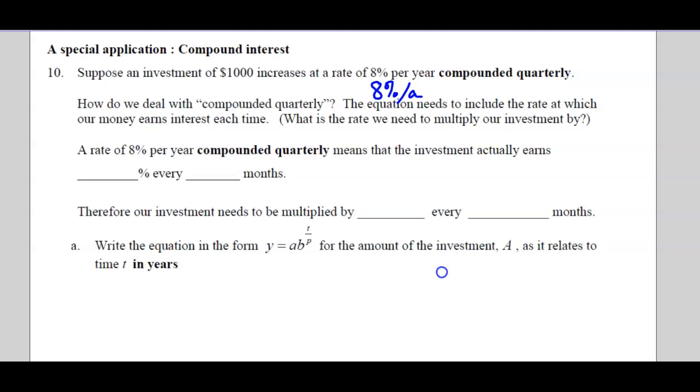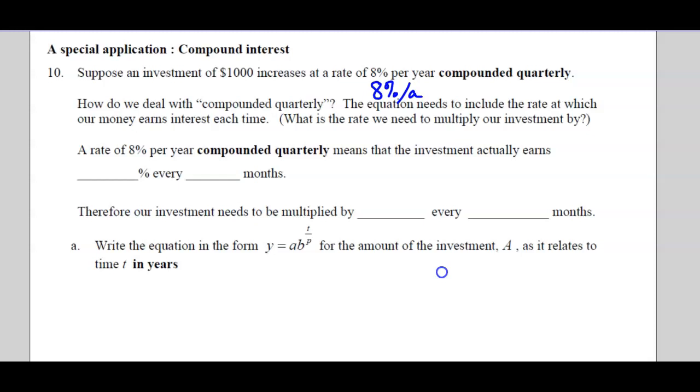In this case, it's compounded quarterly. So how do we deal with compounded quarterly? The equation needs to include the rate at which our money earns interest each time. So think about it. That annual interest rate, you do not get it every quarter of the year. Every quarter of the year, they're going to calculate the interest.